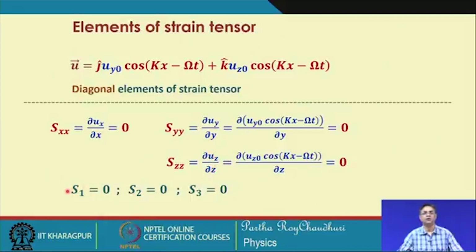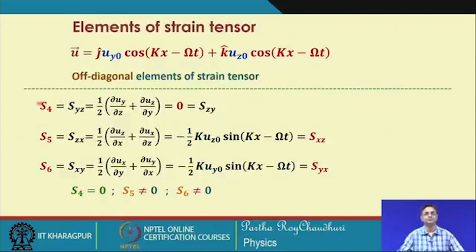So, you have all the S 1, S 2 and S 3, all the 3 diagonal elements of the strain matrix which correspond to the normal strain, equal to 0. The tensile strain part is equal to 0, but we will see that the shear strains are non-zero.